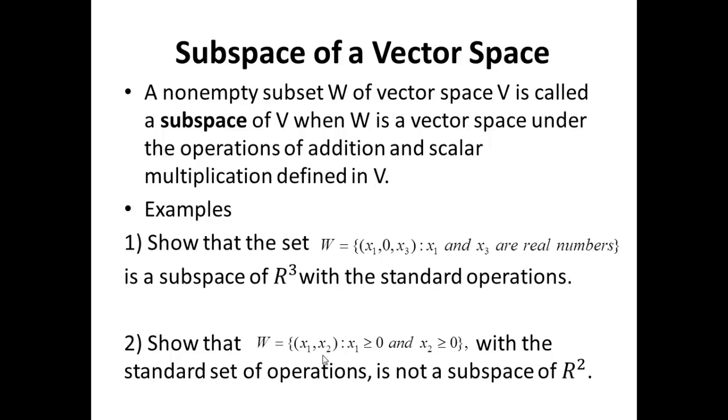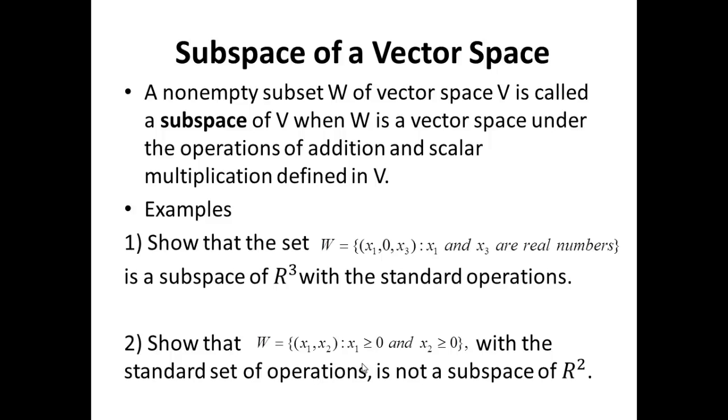Then alpha u would be (-1, -2), which is not an element in W. So very clearly we can see that W is not closed under scalar multiplication. So obviously W is not a subspace of R2.